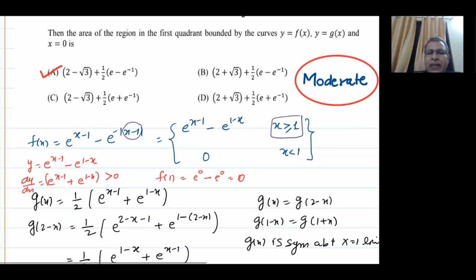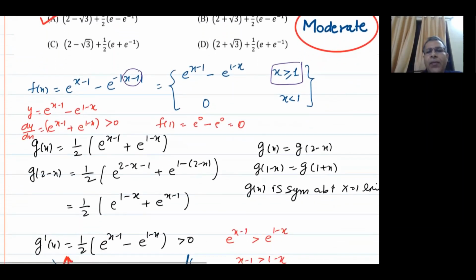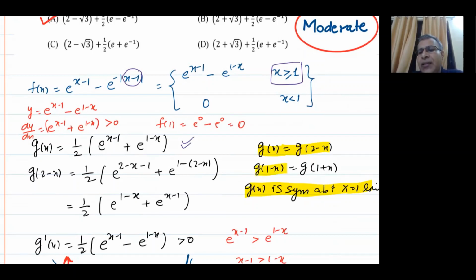So this is f(x). Now we get g(x), and we are observing that the graph of the function g(x) is symmetric about the line x = 1. Why? Because g(x) = g(2 - x), and when this expression is replaced by 1 - x, we get g(1 - x) = g(1 + x).